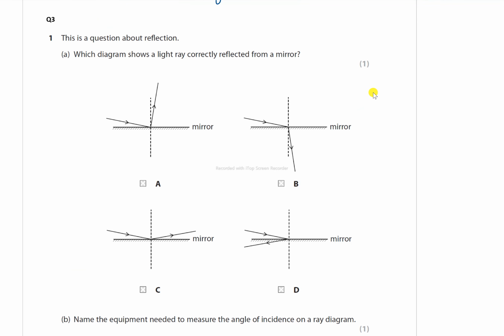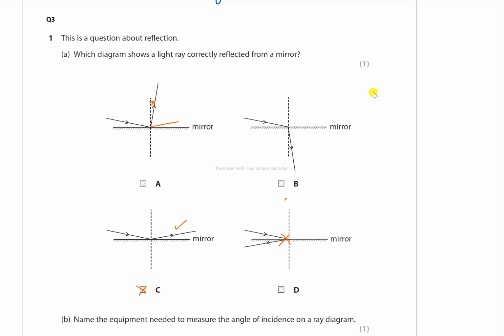This is a question about reflection. Which diagram shows a light correctly reflected from a mirror? There, that's reflection there. That's definitely not true, even I know that. Nope, that's the wrong angle.